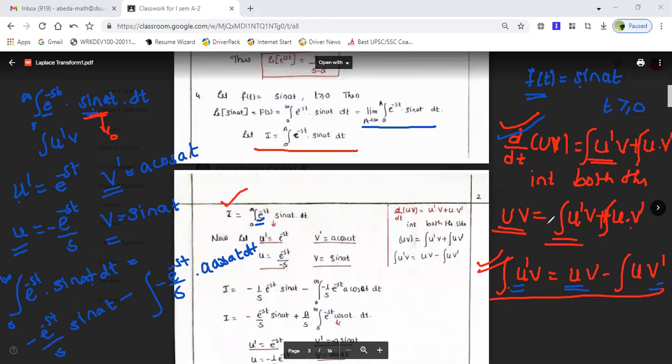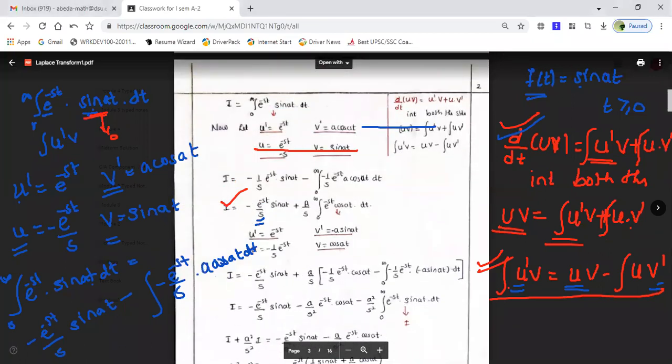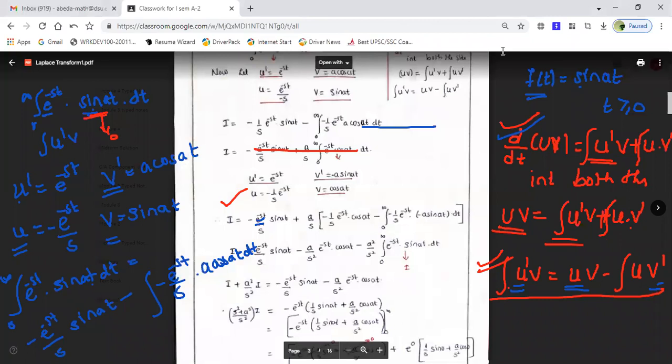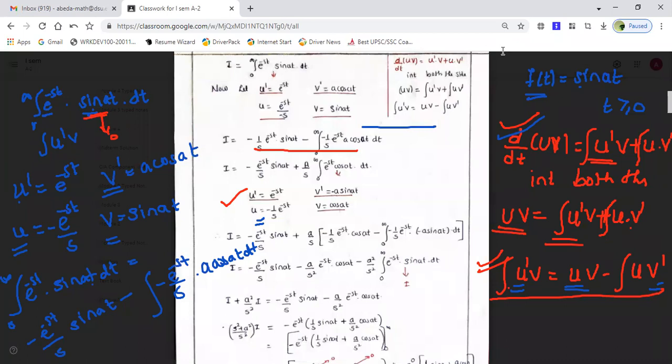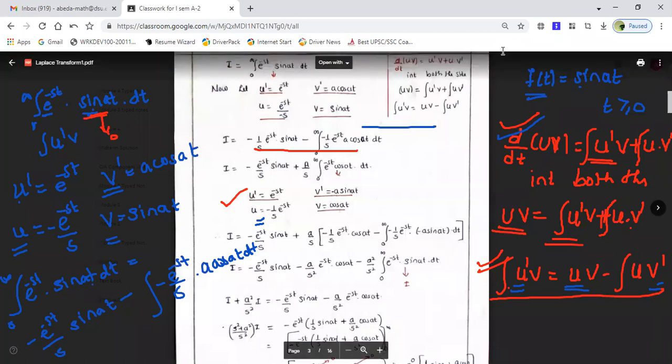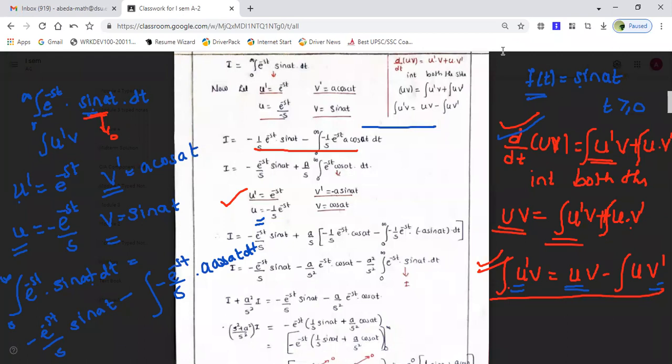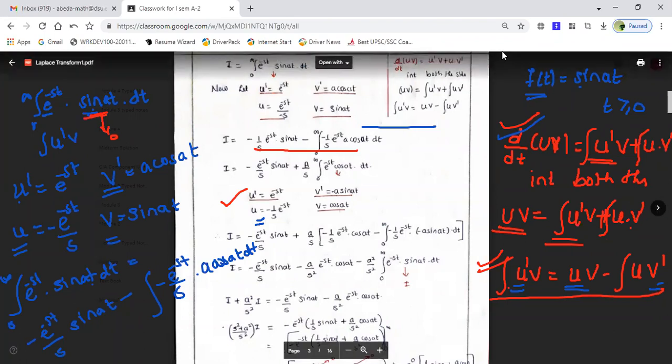So once we have done with this, now I can just show you what we have done. Now here I'm just doing the same. This I'm substituting and I'm writing this step. Once I have written this step, this will be equal to this, minus 1 by s e to the power minus st sine at, I'm writing as it is. Then you can see this is a minus sign here, a minus sign here, that is minus into minus, plus.